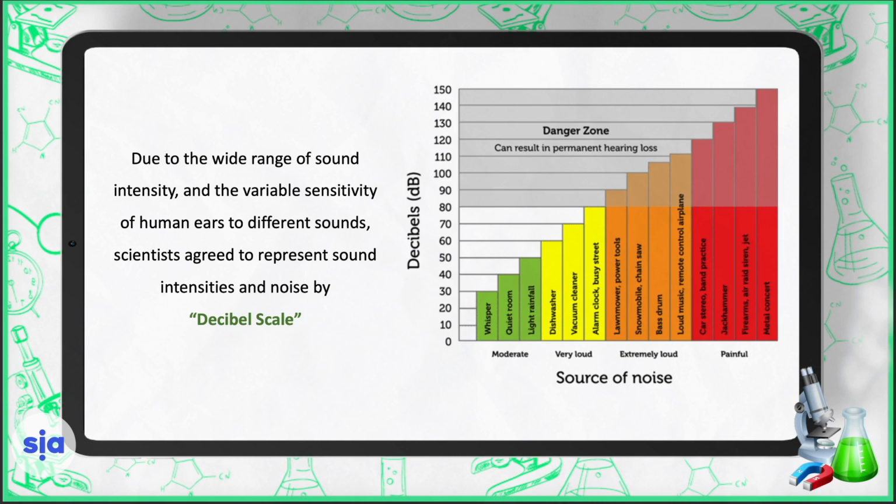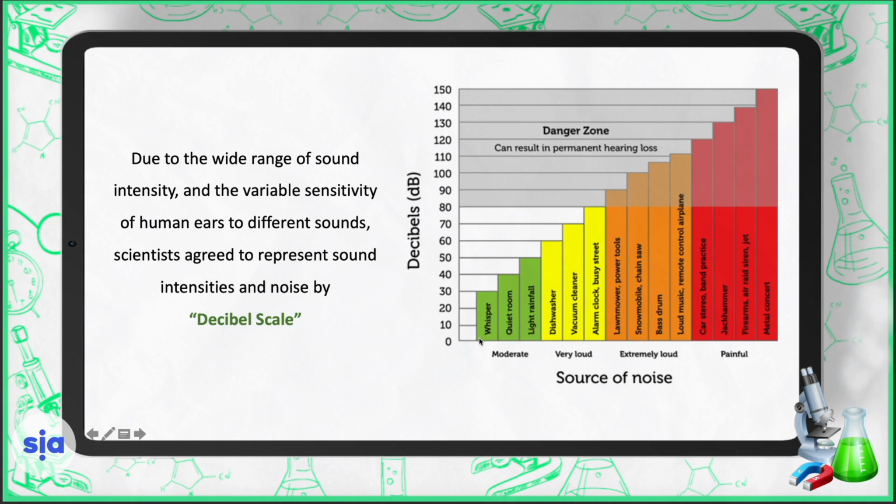Due to the wide range of sound intensity and the variable sensitivity of human ears to different sounds, scientists agreed to represent sound intensities and noise by what is called decibel scale. So in this scale, you can find the decibels units here and the source of noise or the source of sound on the x-axis.